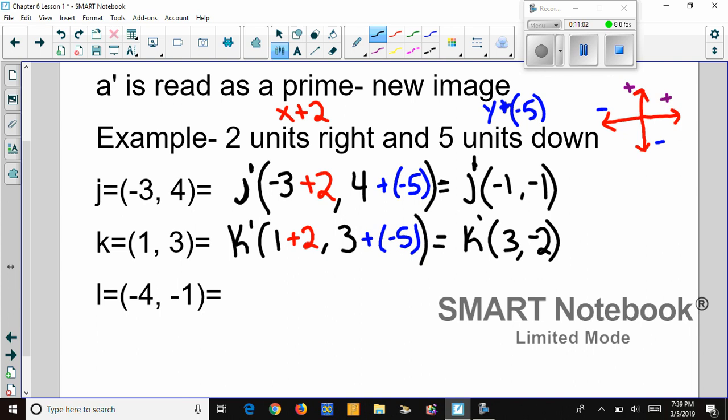Now for I prime, or I'm sorry, that is an L. We have -4. So we're shifting it to the right, so I'm adding 2. Then I have -1. I'm shifting it down, so I'm adding a -5.